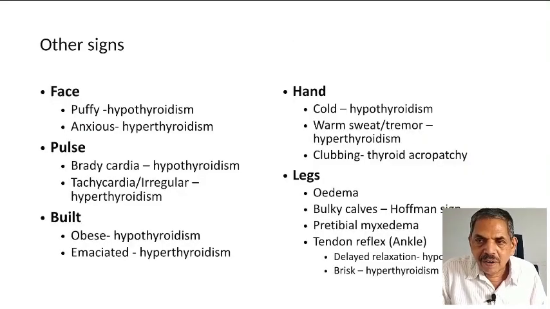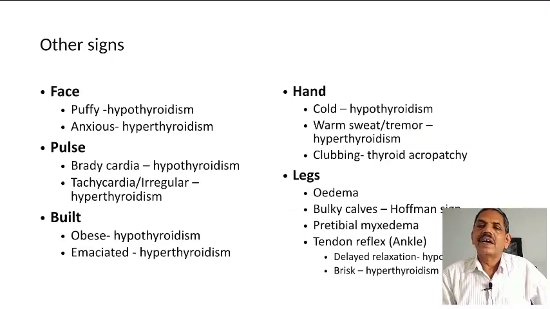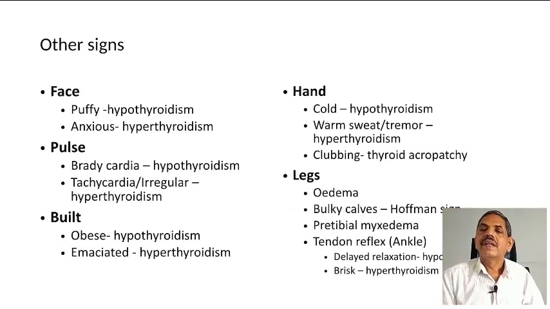Other signs you have to look for in a case of goiter are already mentioned: the face puffy in the case of hypothyroidism, anxious in the case of hyperthyroidism, pulse bradycardia in the case of hypothyroidism, tachycardia and irregular pulse in the case of hyperthyroidism, built obese in the case of hypothyroidism because of the accumulation of myxomatous tissue throughout the body, emaciation in the case of hyperthyroidism.